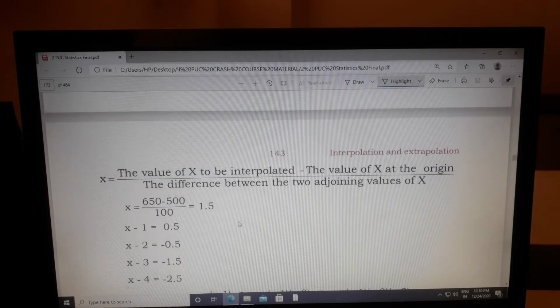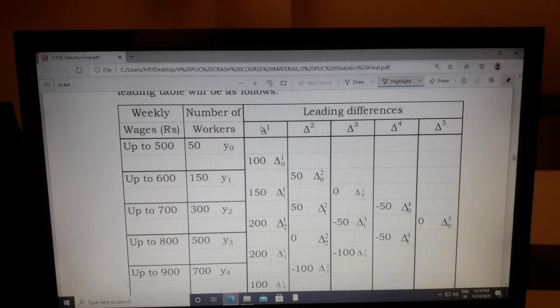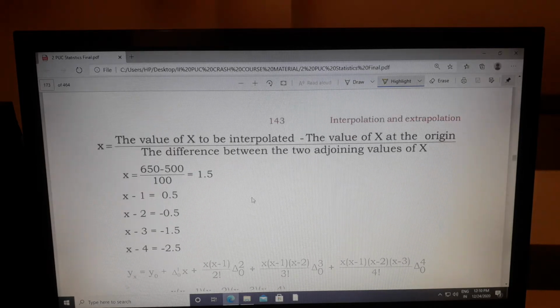Now from this leading difference table, always the first observation, see here, 500 we already took to calculate x, 50, 100, 50, 0, minus 50, 0. All these origin values of the leading difference along with y, we have to take and substitute here.